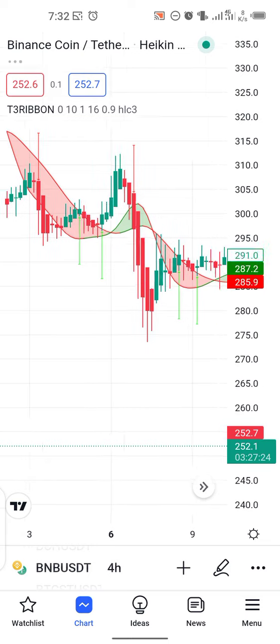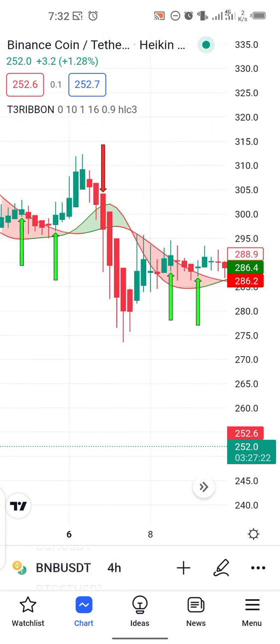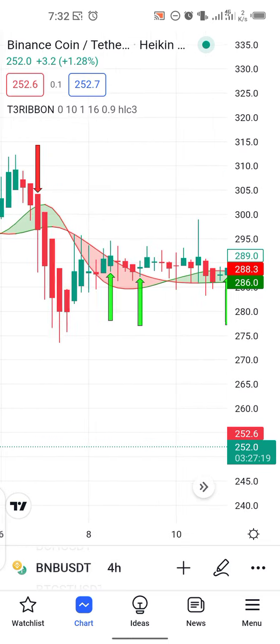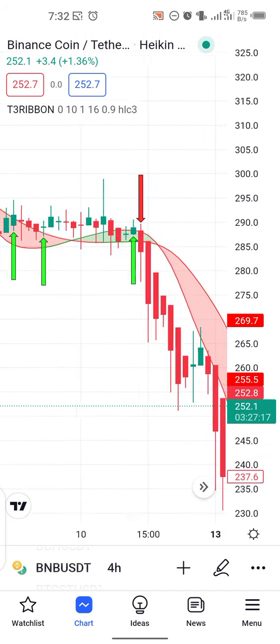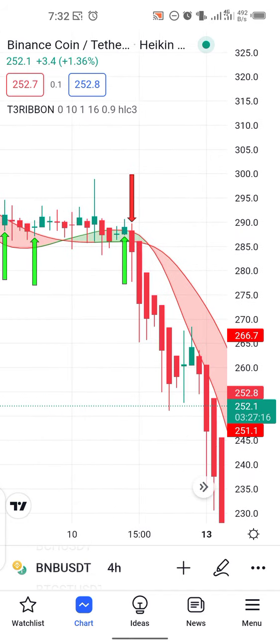Now, the second indicator we want to install into our app for today is the true strength indicator.